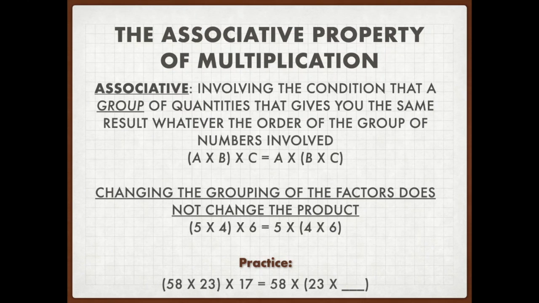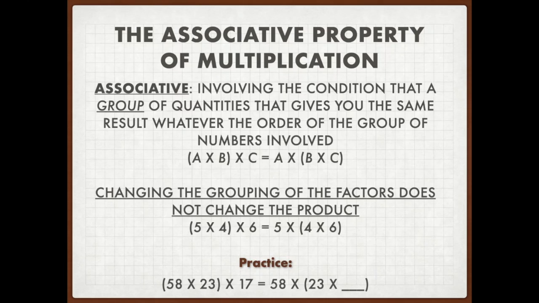Now let's look at the associative property of multiplication. As I just said, we already went over the associative property of addition. Now we're focusing on multiplication. And again, associative property is focusing on the grouping, and that's dealing with the parentheses.